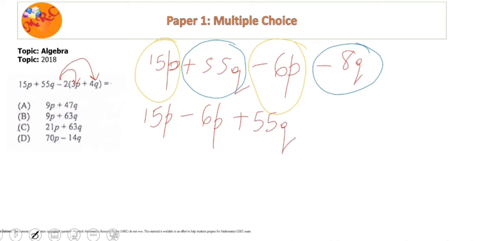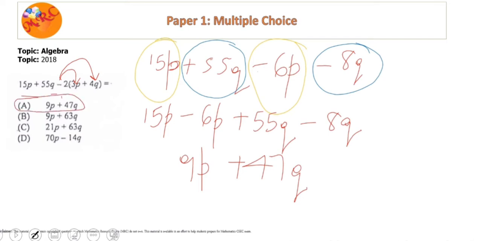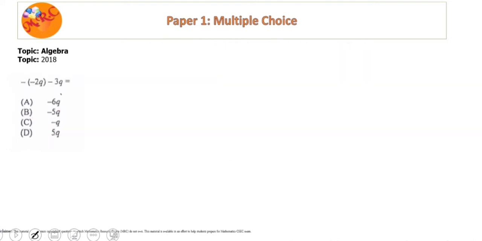If you realize, the sign in front of the term goes with the term. Simplifying, 15 minus 6 is 9p, and 55q minus 8q would be positive 47q. Alright, and we're finished. That means our answer is indeed A. Good. Let's continue.